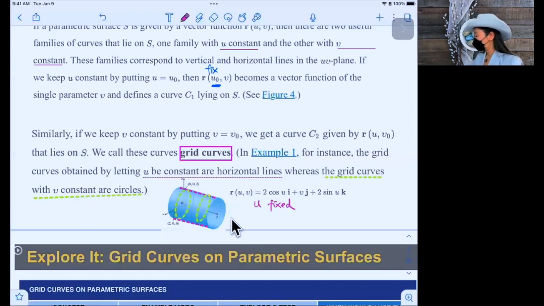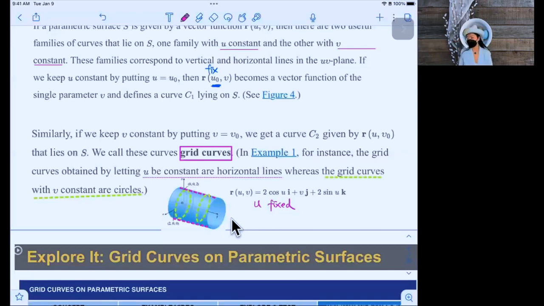So you have a horizontal line here, or here, or here. Think about along the surface, those horizontal lines when u is fixed.